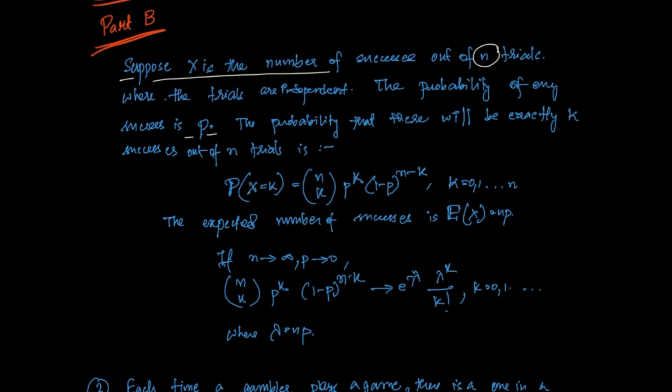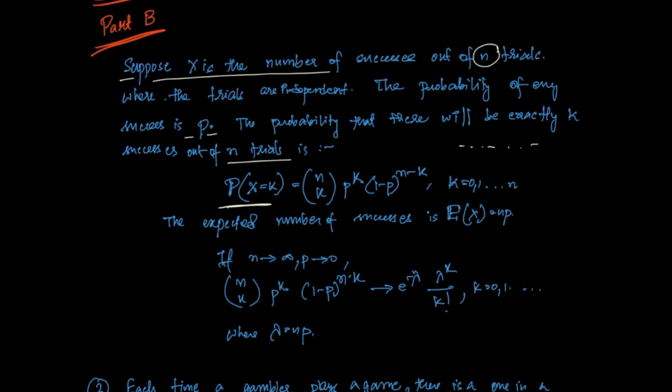The probability that there will be exactly k successes out of n trials is the probability of X equal to k. Now, this looks like a binomial coefficient, so I'll explain where this comes from in the first place. Say you have n many slots.